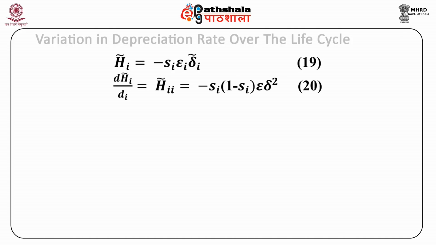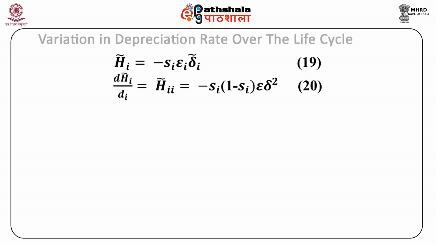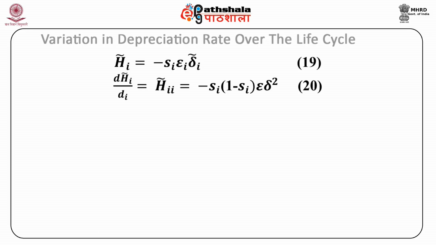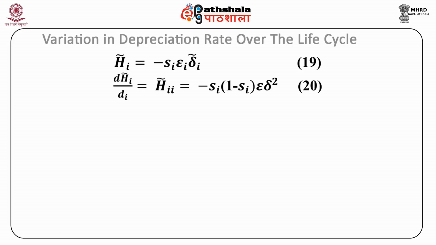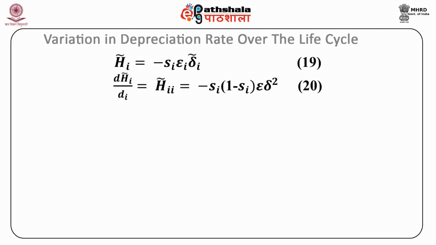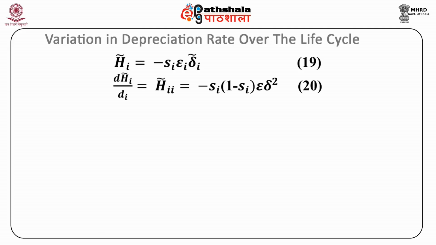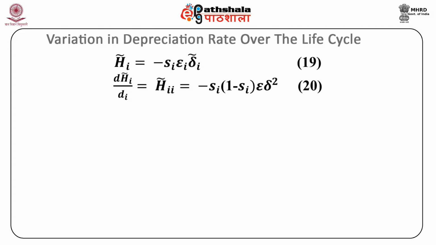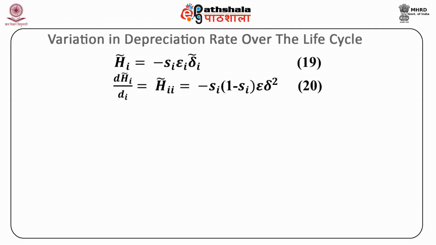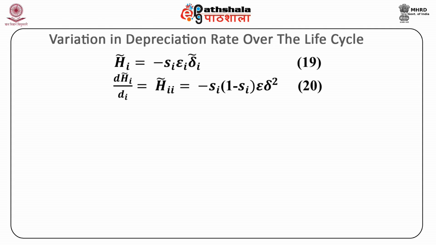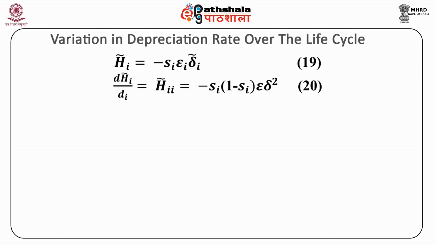H tilde i delta is equal to minus Si epsilon delta i tilde, equation 19. dHi delta upon di is equal to Hi tilde delta is equal to minus Si into 1 minus Si into epsilon into delta squared.